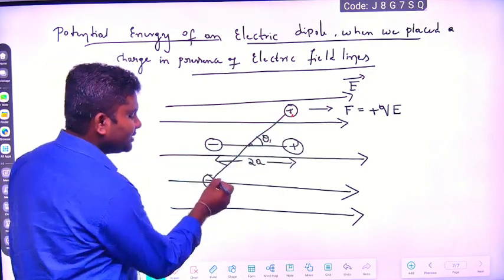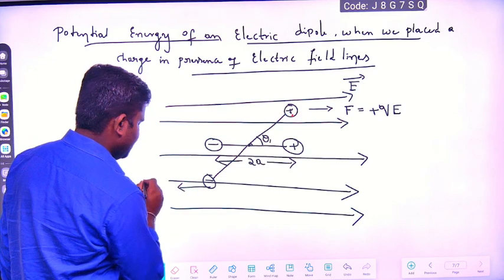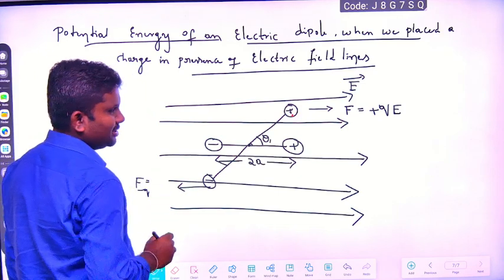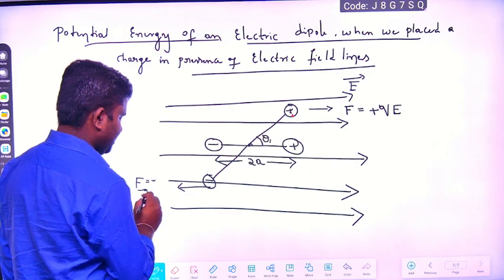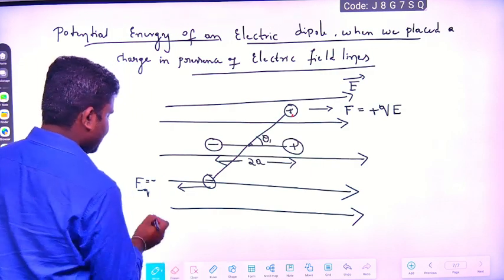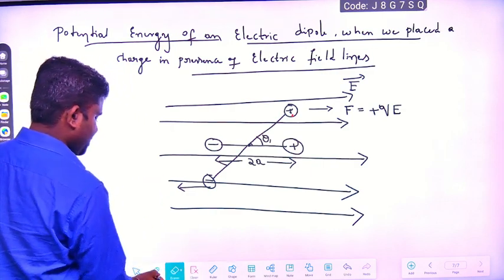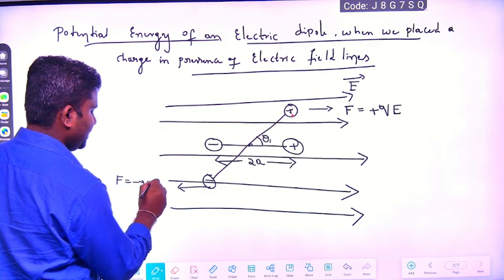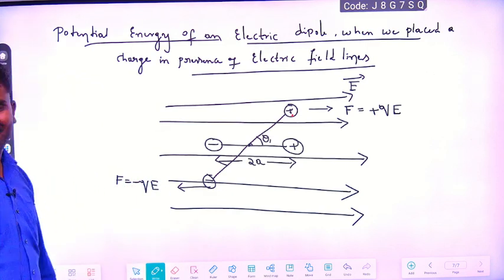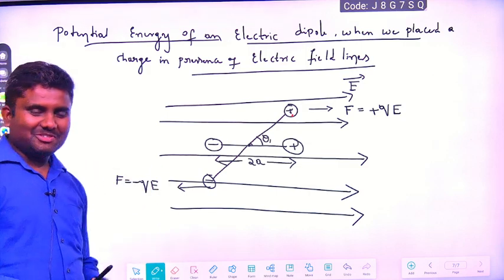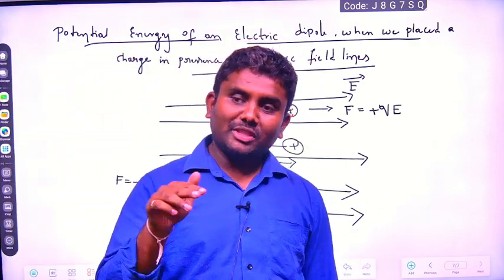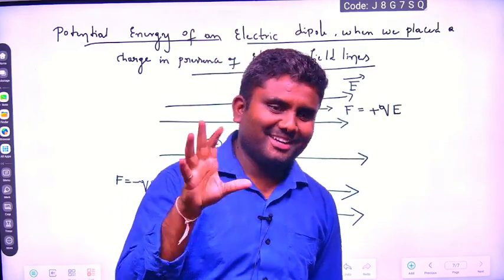Now, what is the force acting on the negative charge? F minus Q, which is equal to what? Minus QE, right? I will write this properly. F is equal to minus Q into E. Which direction? This direction. Always remember, positive charge will always move in the direction of the electric field.